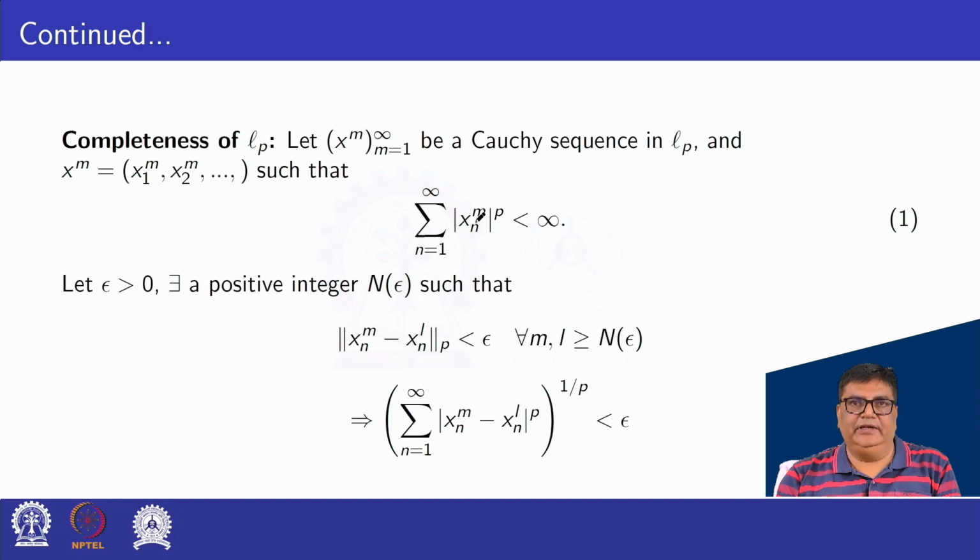Then as per the statement, the summation n equals 1 to infinity |xmn|^p should also be less than infinity.